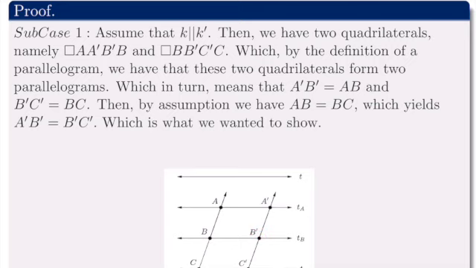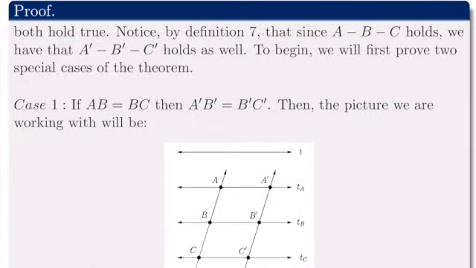Then again, from our assumption, because we assumed that the distance of A and B is equal to the distance of B and C, we can just replace them. The A prime B prime is equal to B prime C prime holds as well, which is what we wanted to show, right?